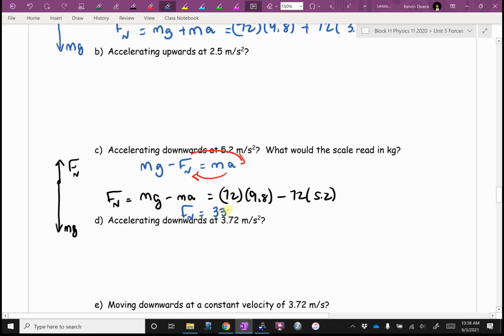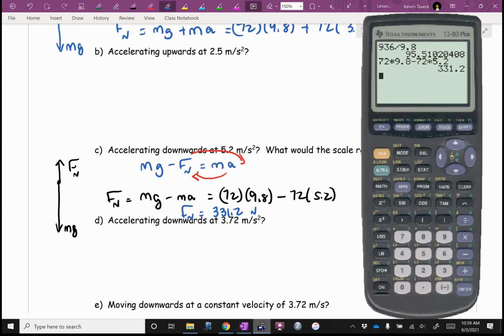Units, it's a force, Alex. Newtons. Yep. Oh, there's a second part. What would the scale read in kilograms? How do I convert newtons into a mass in kilograms? Divide by 9.8. So I'll quickly go divide by 9.8. Answer button, divide by 9.8. The scale would say a mass of 33.8.